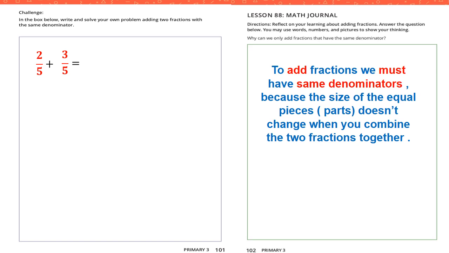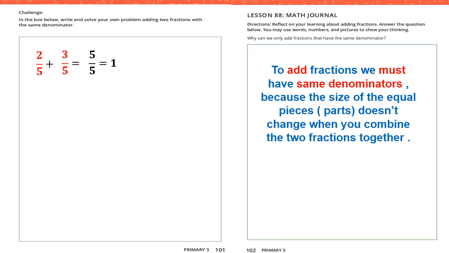Let's remember together the steps of adding fractions. What do you observe here? We have same denominators, so the first step, put the denominator as it is. And step number 2, add the two numerators.